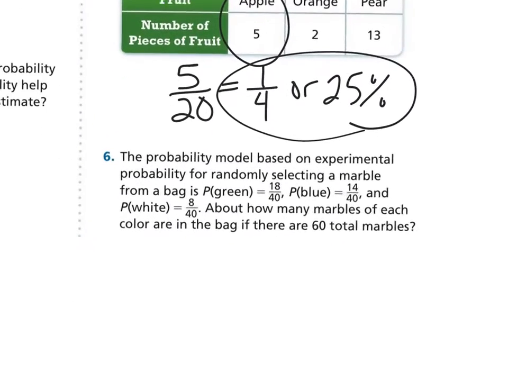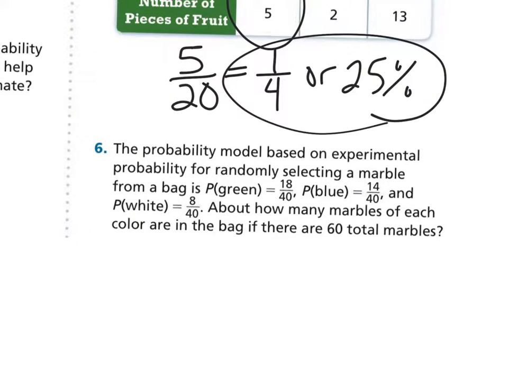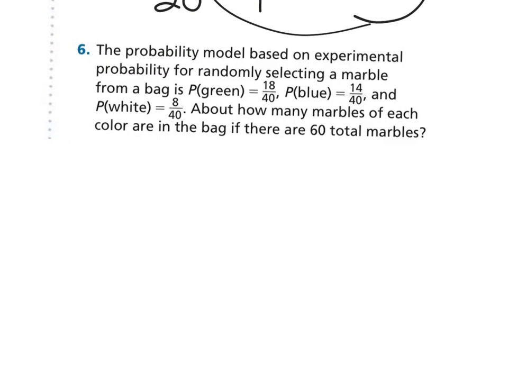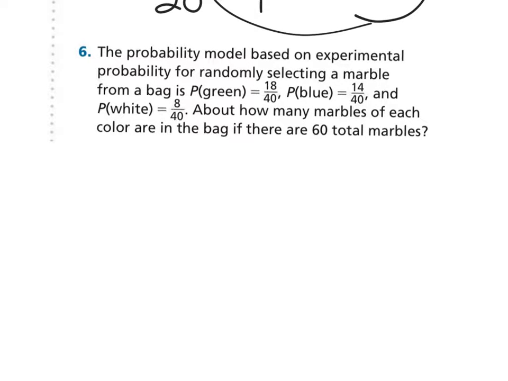And then if we look at number 6, a probability model based on experimental probability for randomly selecting a marble from a bag is listed there. About how many marbles of each color are in the bag if there are 60 total marbles? So for green, they're giving us a number out of 40.